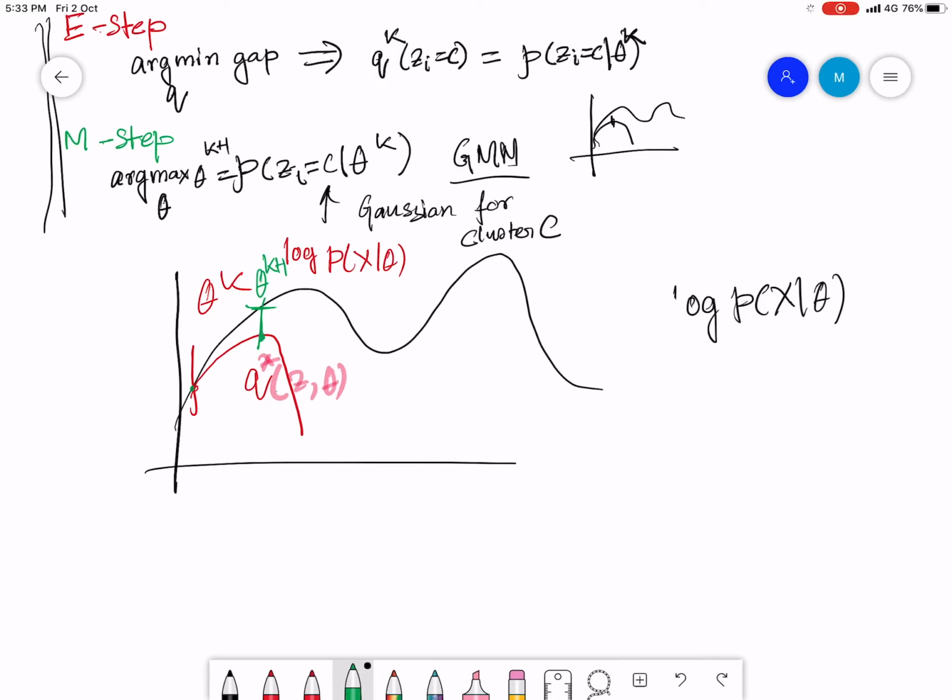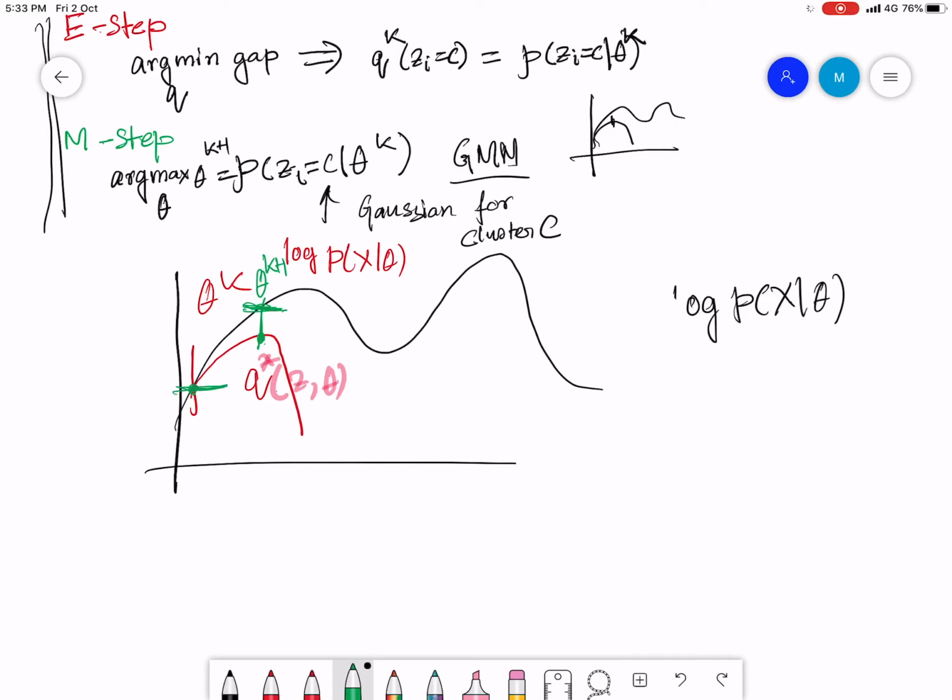So this point is above this point, since this is the maxima of this curve, and this is touching the original curve here. Along the y axis it is above. And since q is anyway a lower bound, this will lie below the original curve. So this point at theta k plus 1 will be above this. Combining these two, this point is above this point.